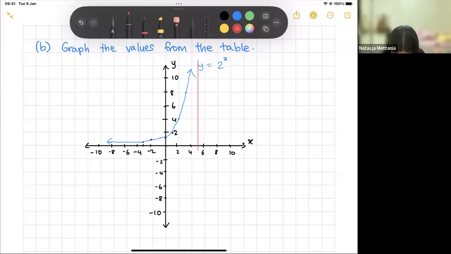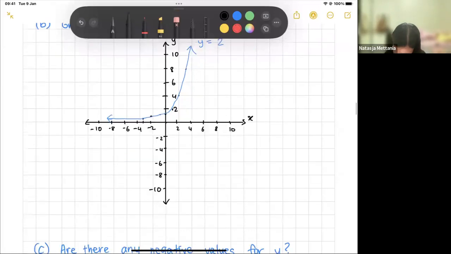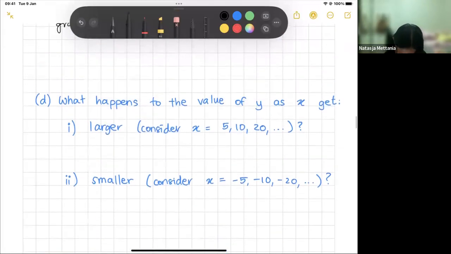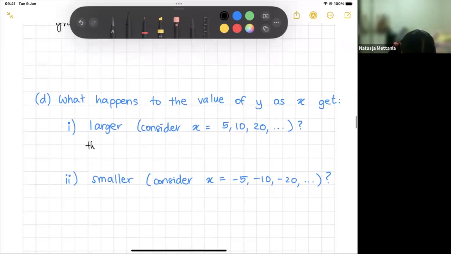You can already see it here: when x is 2 it's 4, then if it was 3, it'll be 8. It just gets larger and larger. So what you're going to write down is: the y value gets extremely larger.